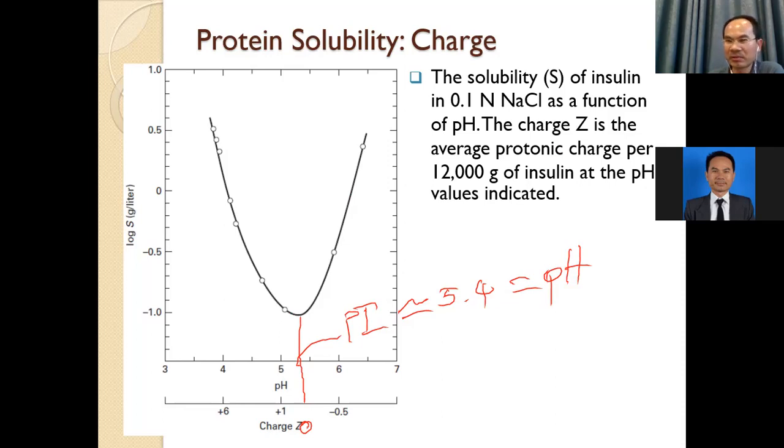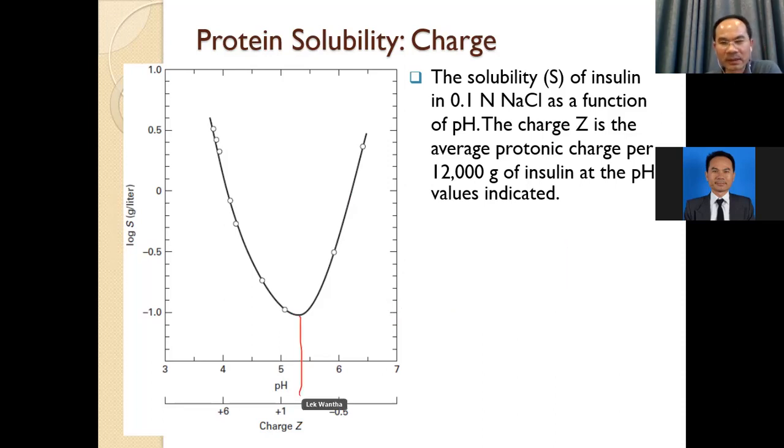If you would like to precipitate insulin out of the solution, you have to operate at pH around 5.4. If you increase the pH further, you can see that the solubility increases when the pH is greater than 5.4.